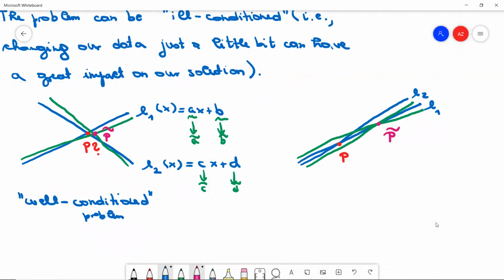And this is what we don't want. Just this tiny change in the data, which can be caused either by wrong measurement or by rounding errors, completely changes the solution. And this is an ill-conditioned problem.